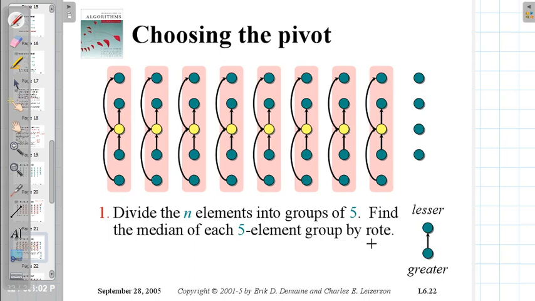Say this group by insertion sort. We have to find the median of this by insertion sort, and you see, this is only 5 elements, so a constant number of elements.